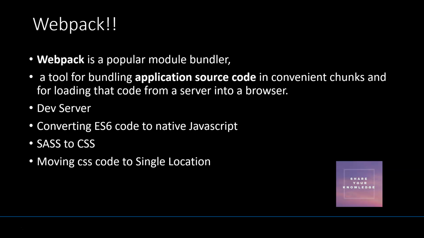Another thing you can do is convert SASS to CSS, and you can minify the code. Maybe your CSS code is distributed across your file system; you can make it copy all the CSS to a single file, for example style.css. Likewise, you can also make the images copy to a separate folder.